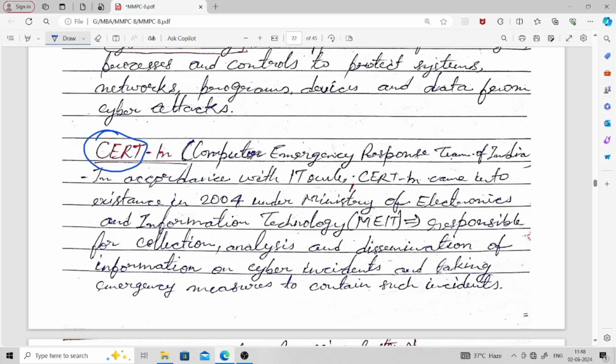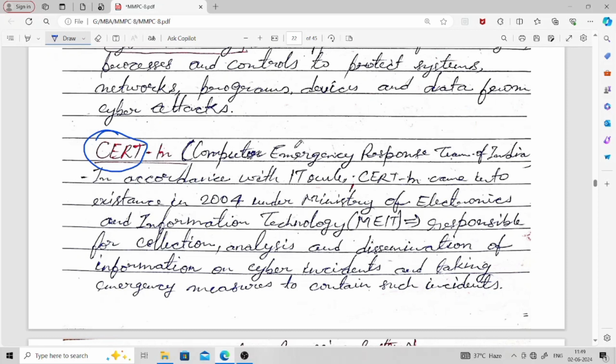In accordance with the IT rules, CERT-In came into existence in 2004 under the Ministry of Electronics and Information Technology, and is responsible for collection, analysis, and dissemination of information on cyber incidents and taking emergency measures to contain such incidents.